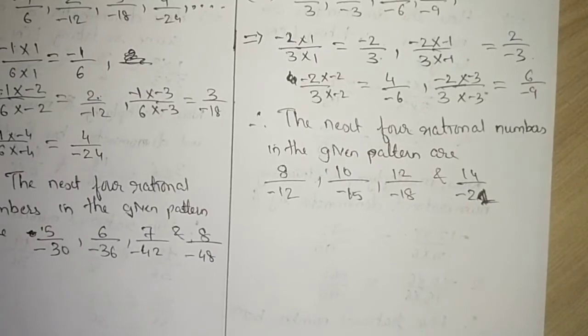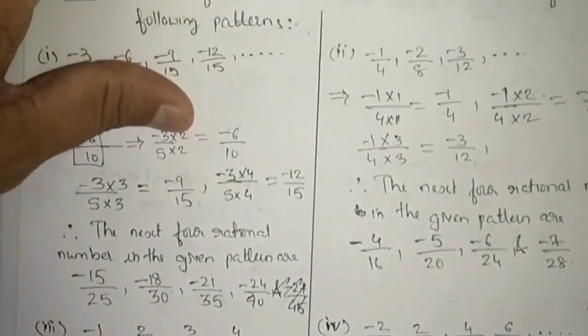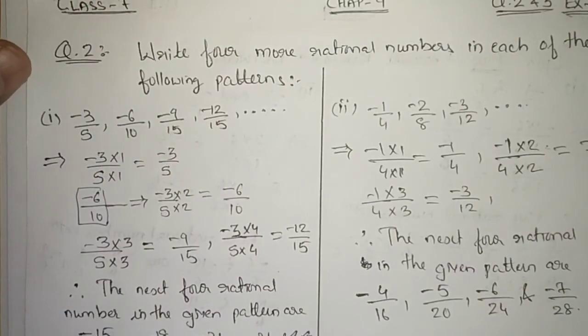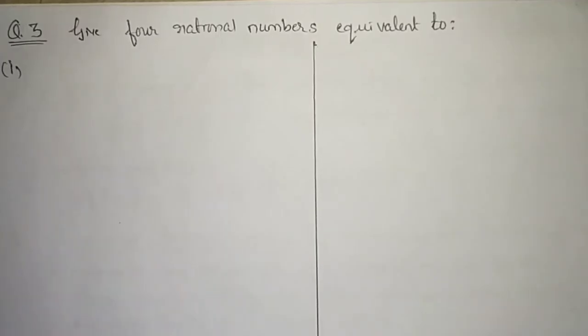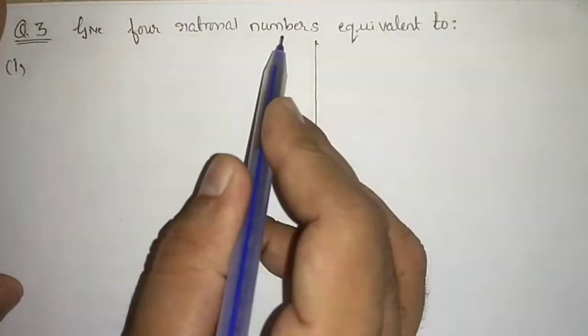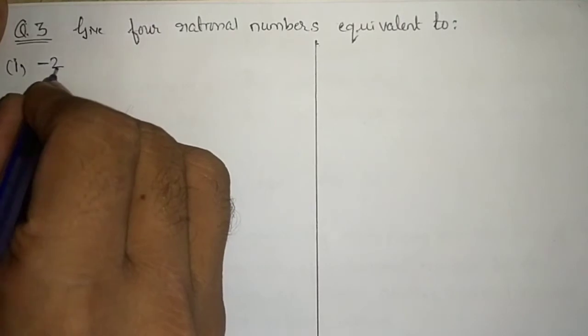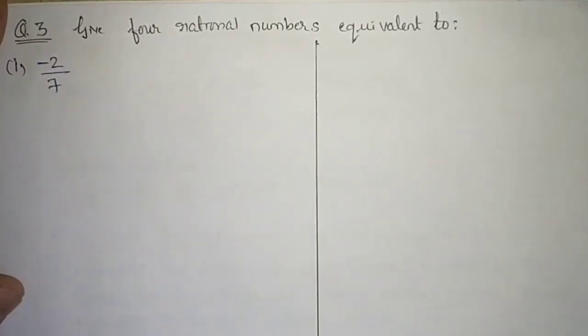Now let us move to question number 3. Let me first write it down. So question number 3 says, give 4 rational numbers equivalent to, first is minus 2 by 7.